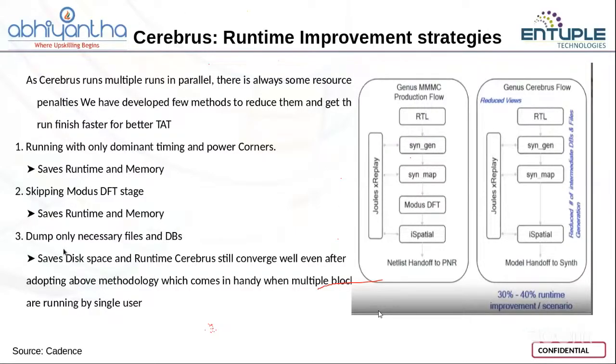Then only the necessary files and databases are saved in our database. And the Cerebrus runtime still converges even after many methodologies have been introduced and multiple blocks are running in parallel by a single user.